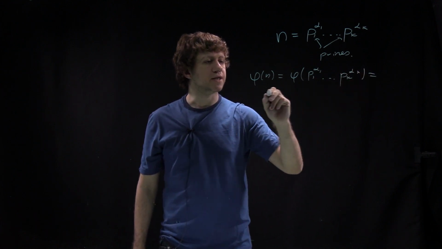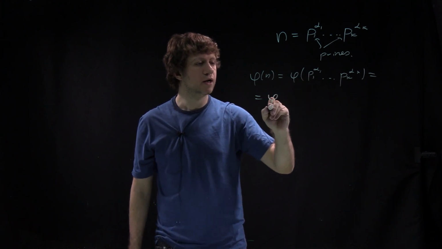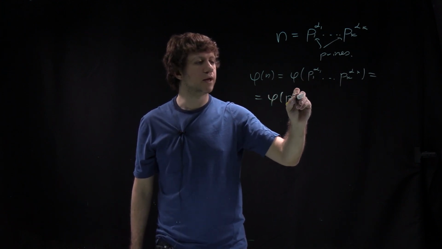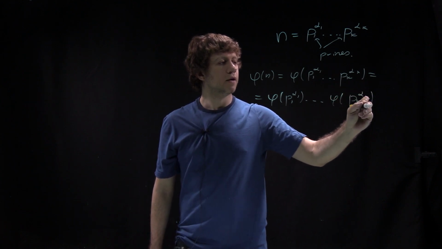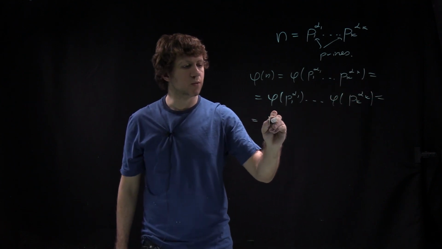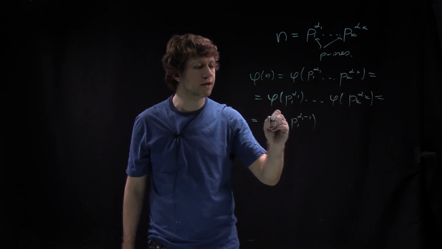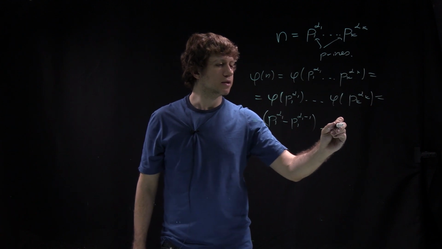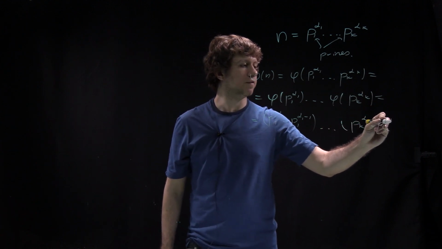And by multiplicativity, since different prime powers are coprime, that's phi of p1^alpha1 times ... times phi of pk^alphak. And this we can compute. So this is (p1^alpha1 minus p1^(alpha1 minus 1)) times ... times (pk^alphak minus pk^(alphak minus 1)).